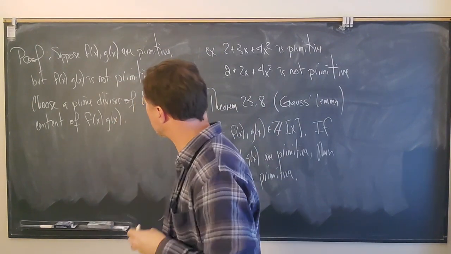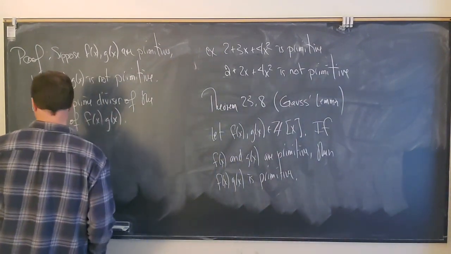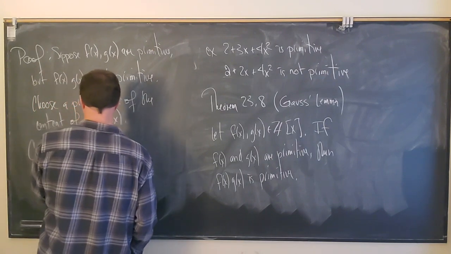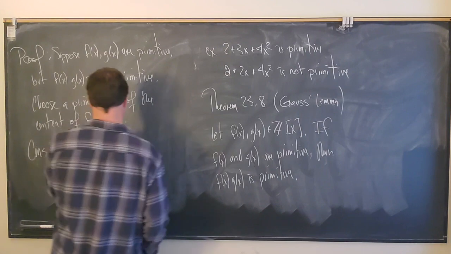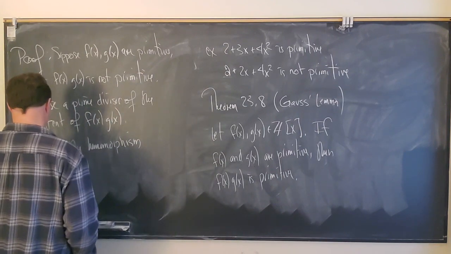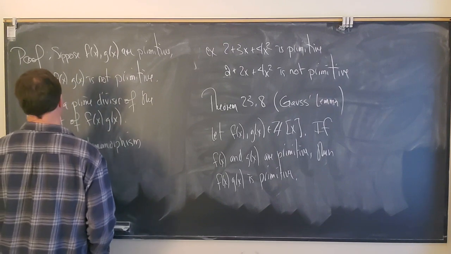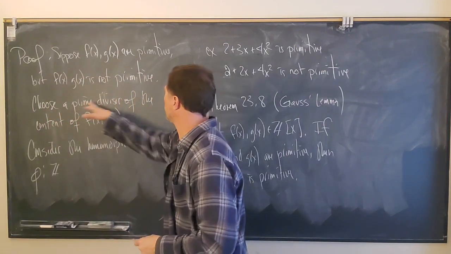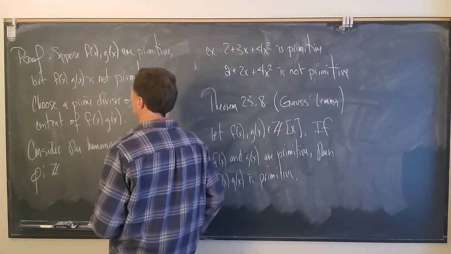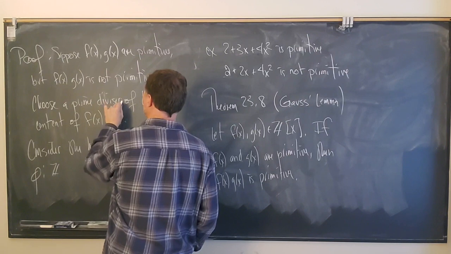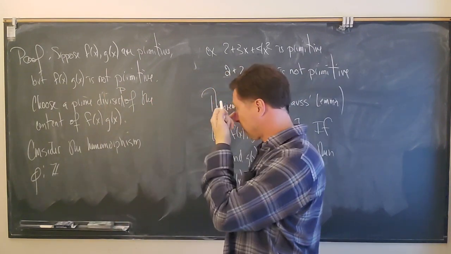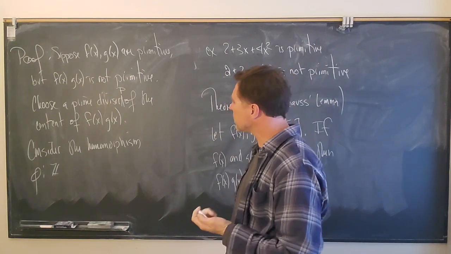And now what we want to consider is the homomorphism phi from Z. Oh, and you know what? I need to call it p. Sorry, choose a prime divisor p of the content of f of x times g of x, and consider the homomorphism.